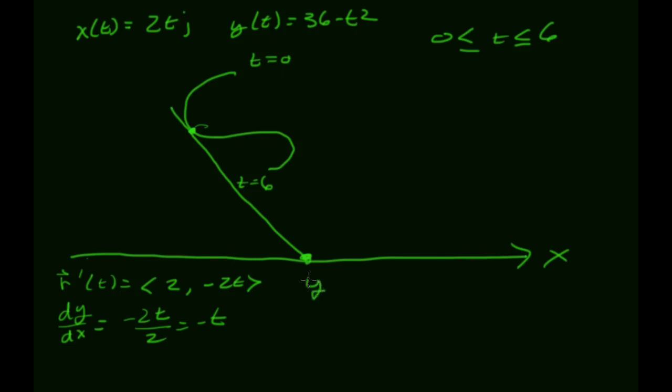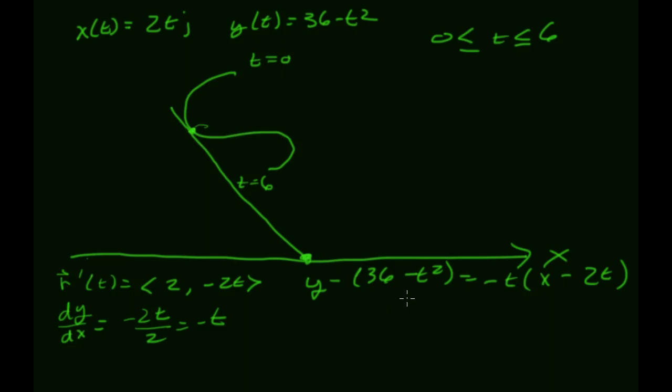So y minus the y value at time t, which is 36 minus t squared, is equal to the slope, -t, times x minus the x value at that time, which is 2t. So you gave me a value for t, and this is going to give me an equation for that line, depending on where that particle is on that curve.